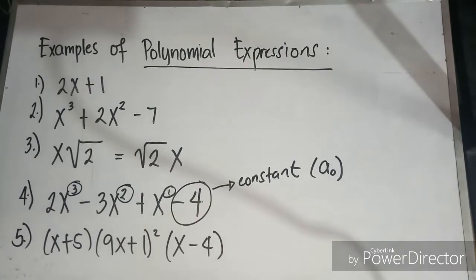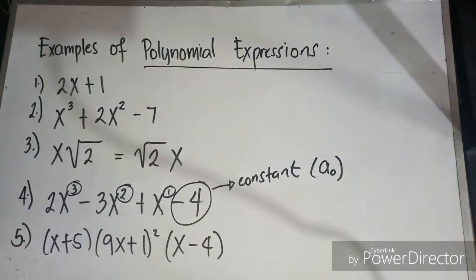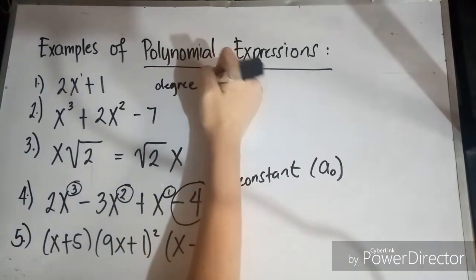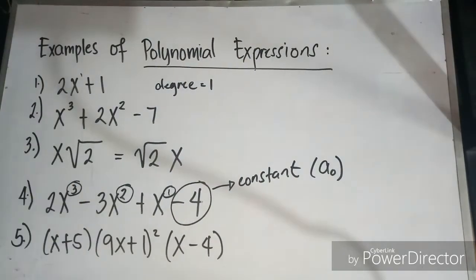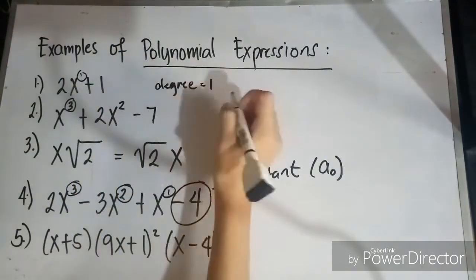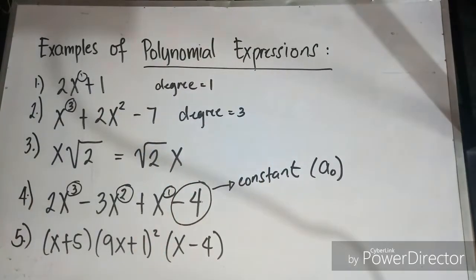Okay, to discuss the degree: the degree is the highest exponent. What is the degree in example number 1? What is the highest exponent? 1, right? So the degree here is 1. How about in number 2? Okay, that's 3. The degree is 3.